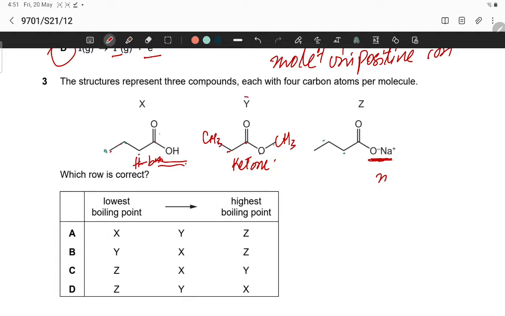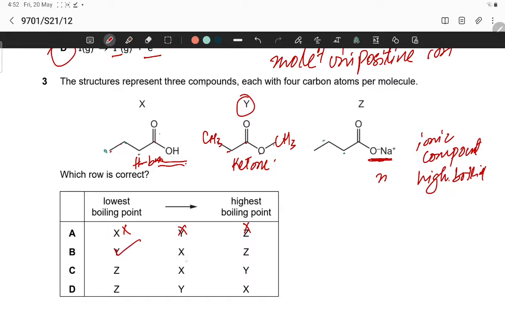So Y is the lowest boiling point. X is not correct. Ionic compound has high melting point, high boiling point. This is carboxylic acid. Due to hydrogen bonding, it also has high, but less than Z. So lowest is Y.